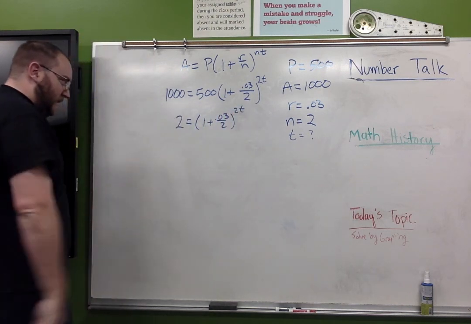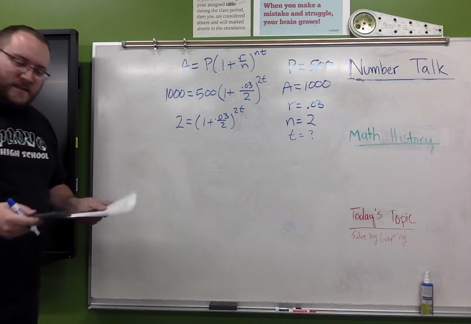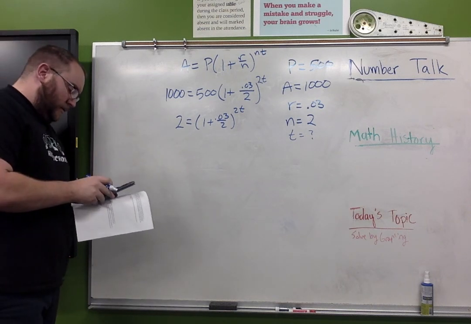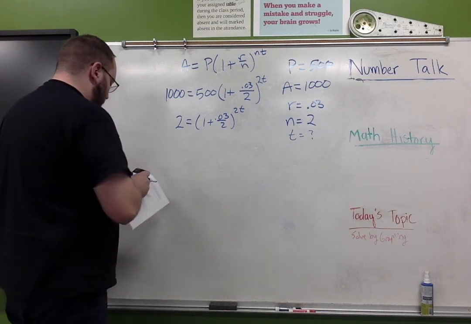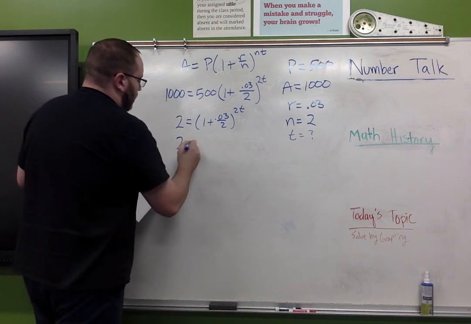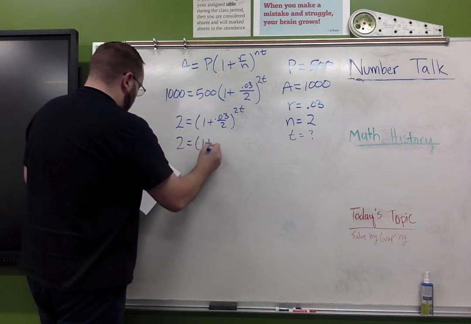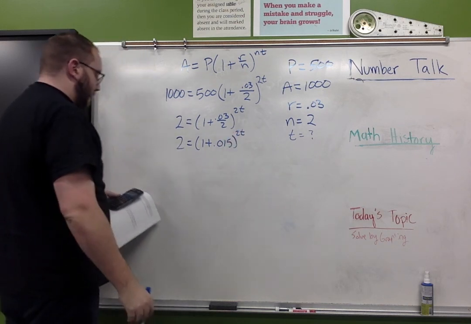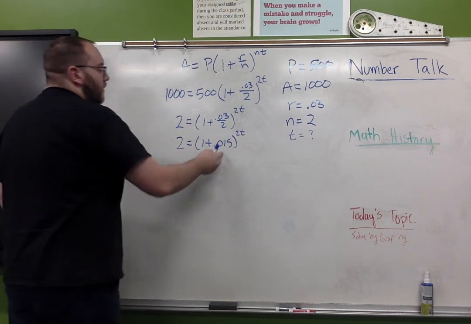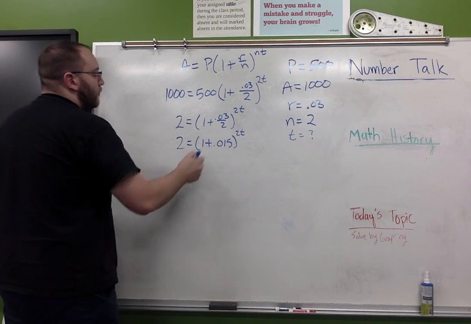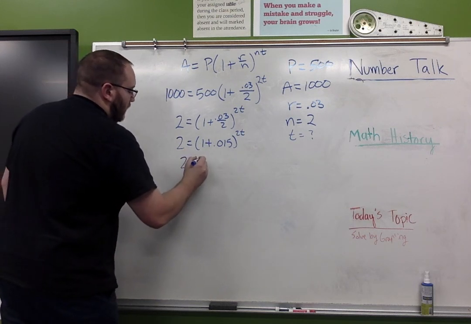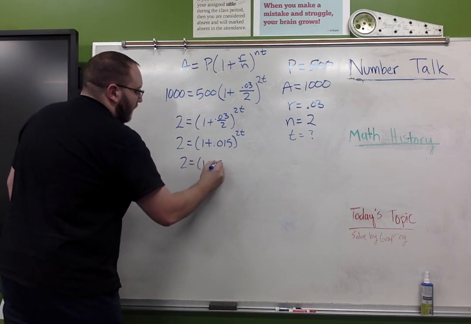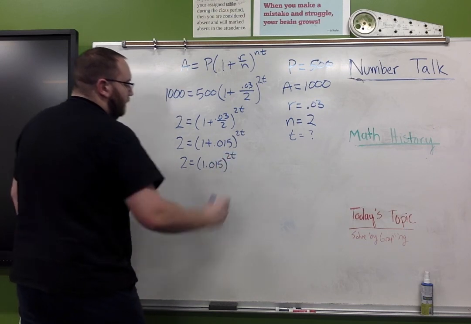Now I do the parentheses. 0.03 divided by 2 is 0.015. Now 1 plus 0.015 is 1.015 to the 2t.